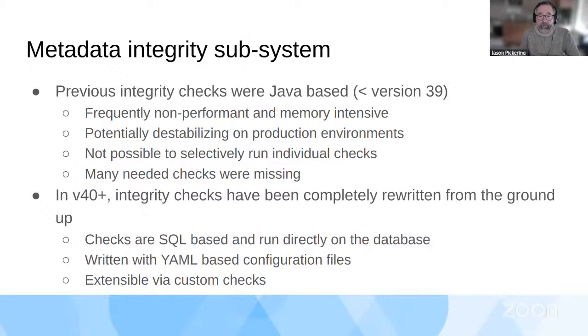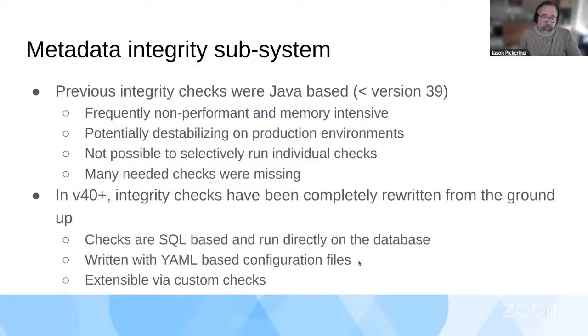So we've collected a lot of these SQL statements over the years, looking for metadata integrity problems, and we've recycled that into this new metadata integrity system, so that everybody can benefit from it.